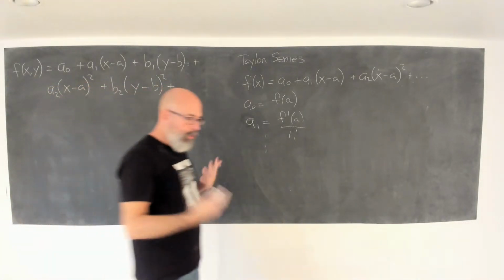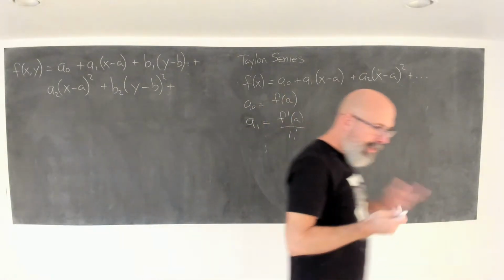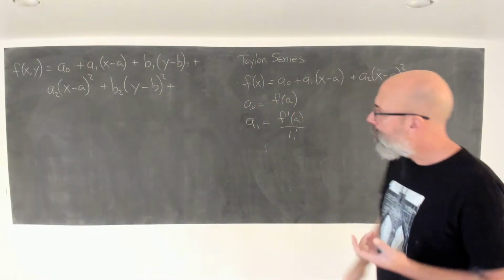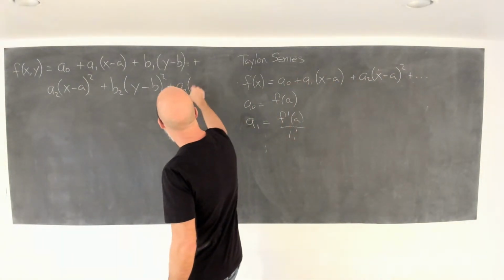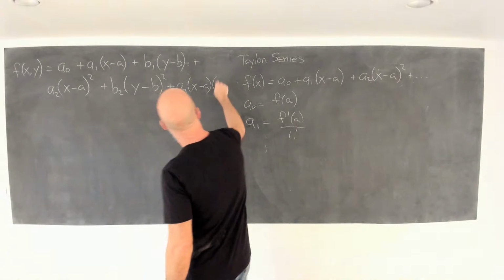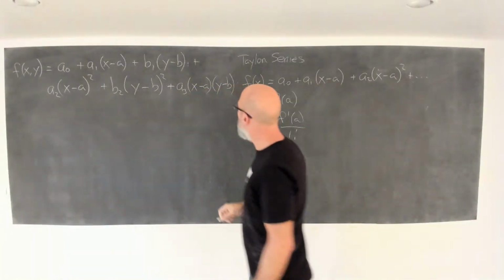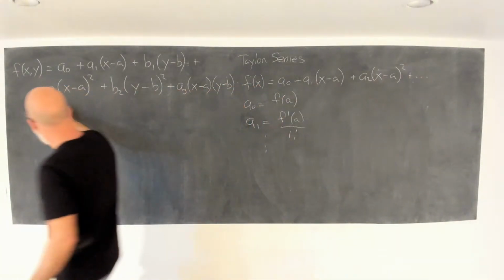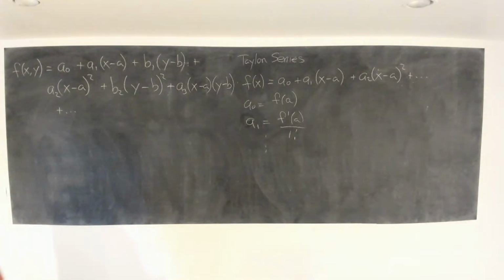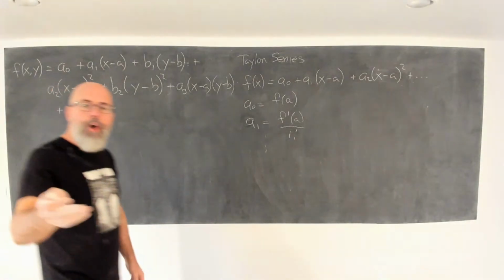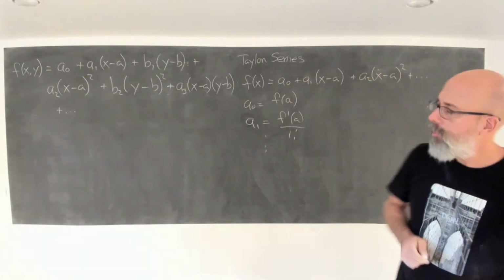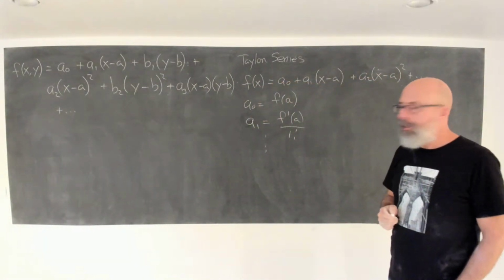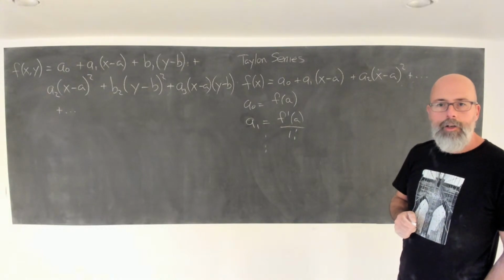But in your work with partial derivatives, you know the mixed partials come into play as well. So maybe we want an x minus a, y minus b term. And so on and so on. This is not in the book, that's right. Most books discuss Taylor series in more variables.